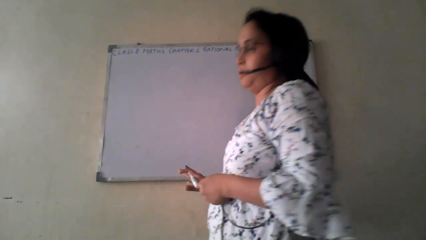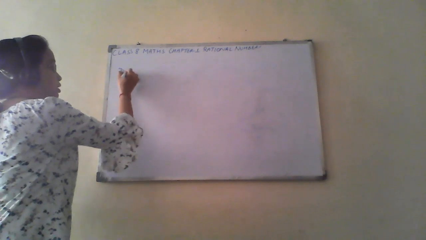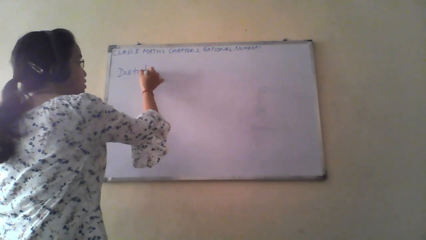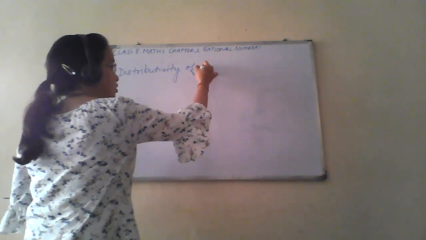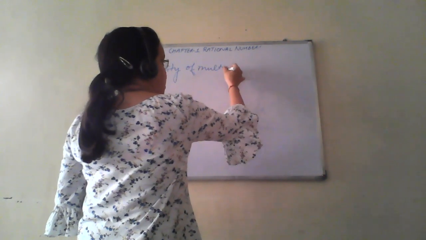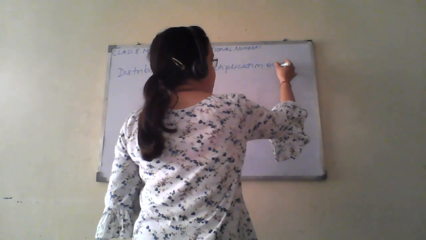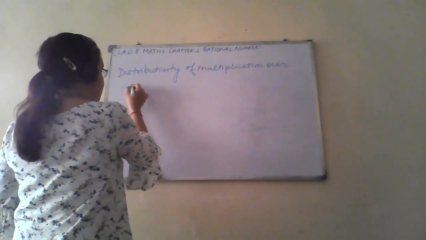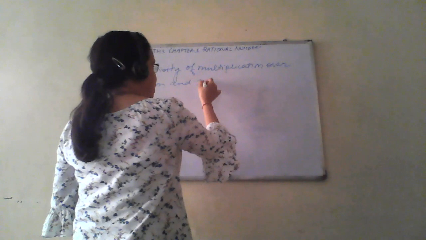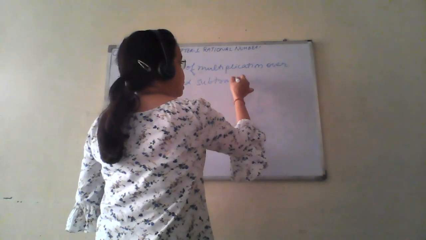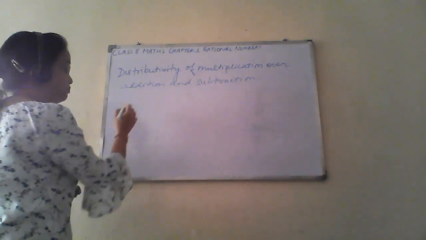So this is distributivity of multiplication over addition and subtraction.